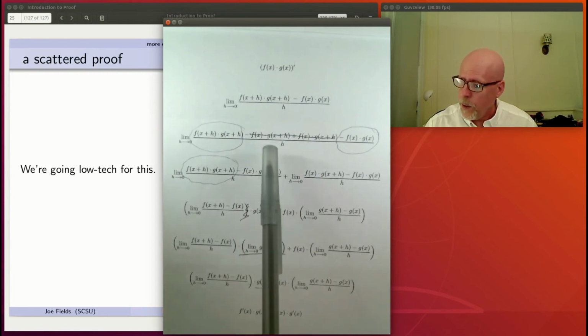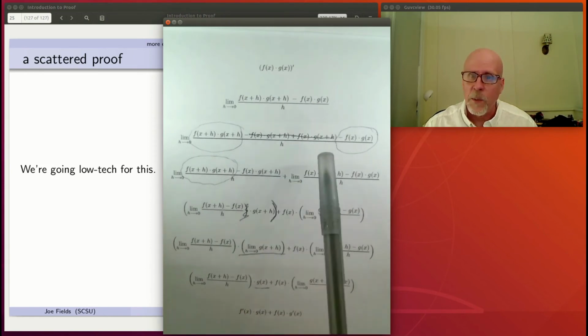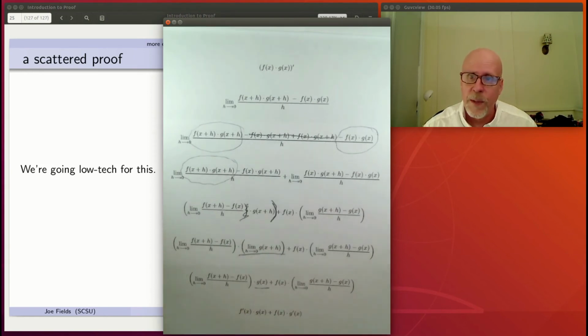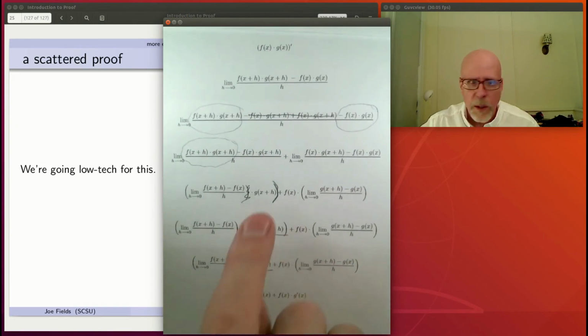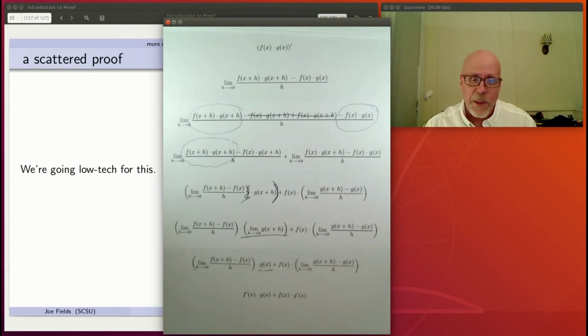And it is valid algebra to add and subtract the same thing from any part of an equation. So there you go. That's a more or less complete, with one typo, not bad in a piece of math that long, proof of the product rule.